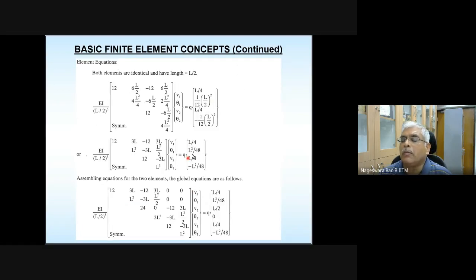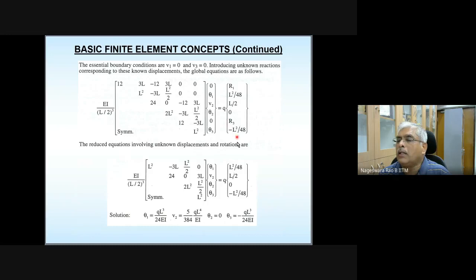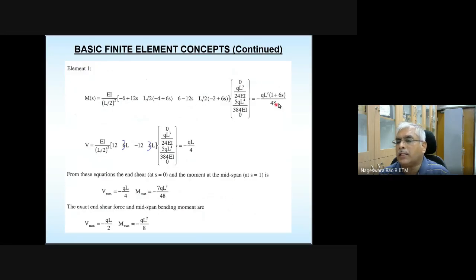When you increase the number of elements, what is the price you are paying? What is the additional cost you are paying? You need to solve a bigger equation system. And maybe the accuracy of the solution may increase if you use more elements.